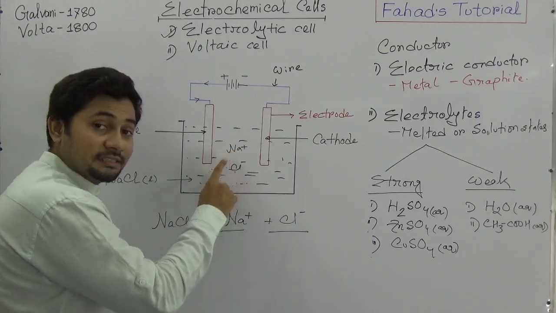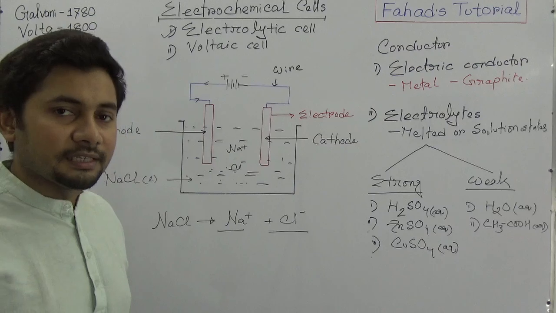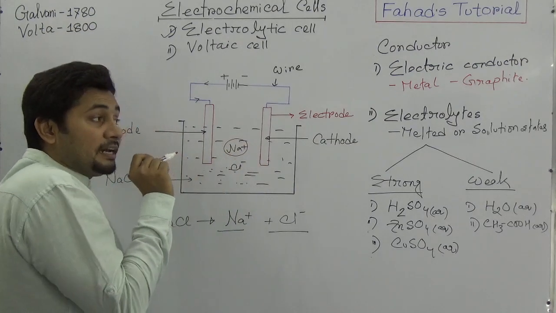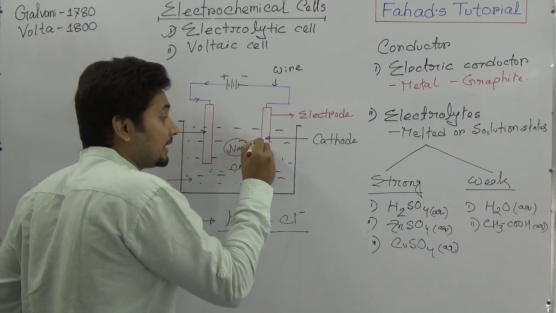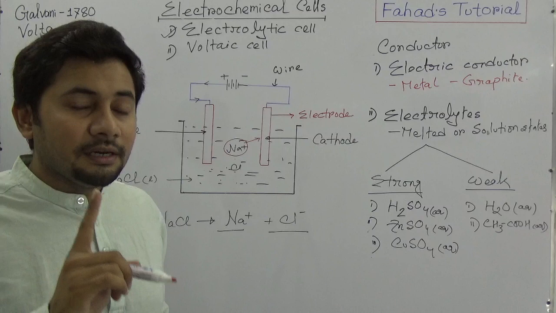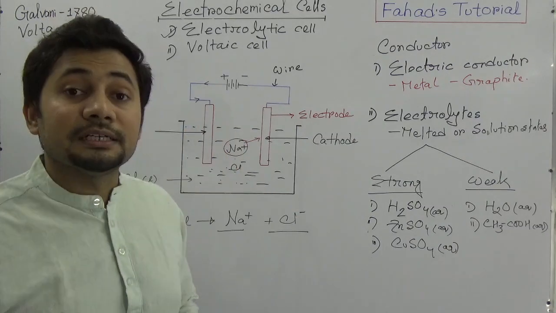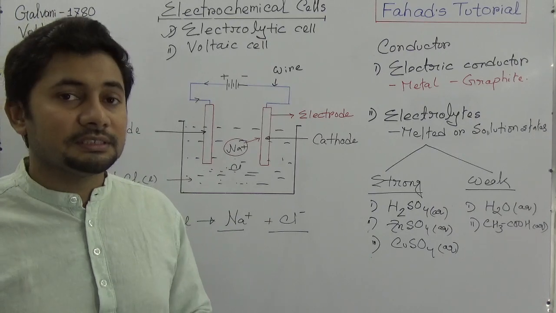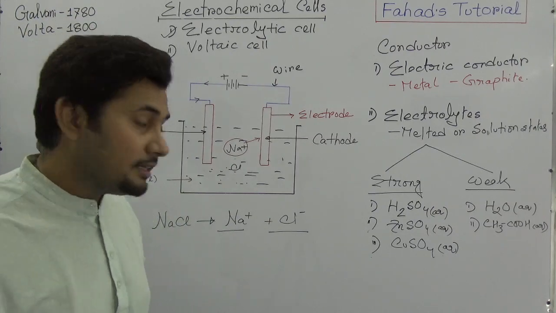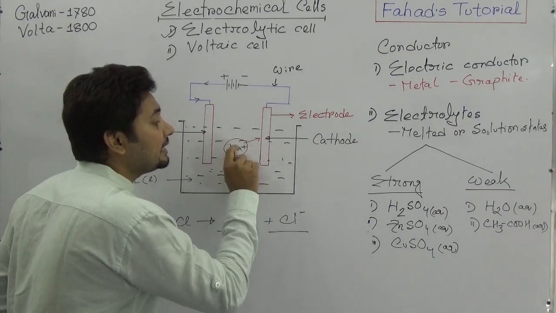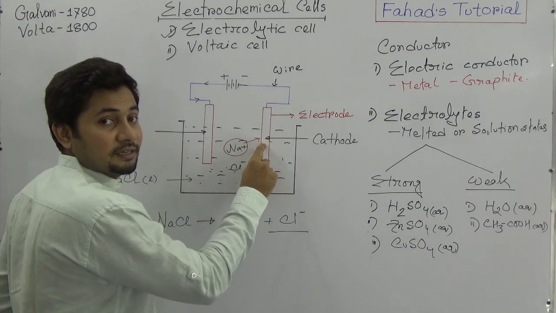This positive ion, which is known as the cation, will be attracted to the cathode. So you must remember that cations will be attracted towards the cathode and anions will be attracted towards the anode. Why? Because the positive ion will be attracted to the negative part of the electrode.